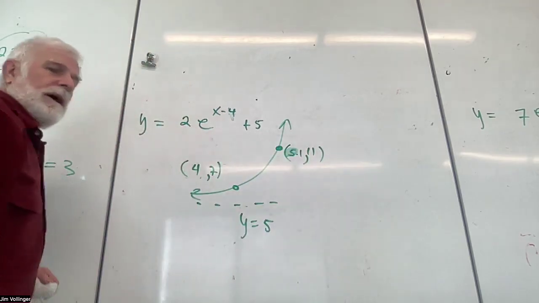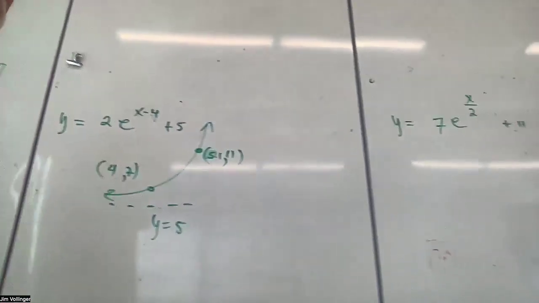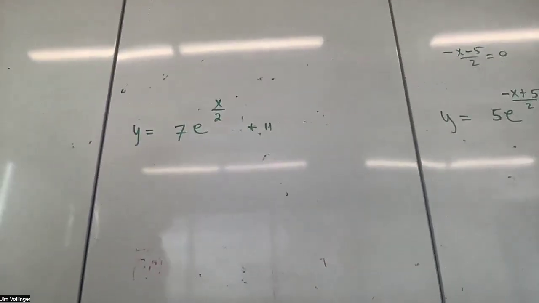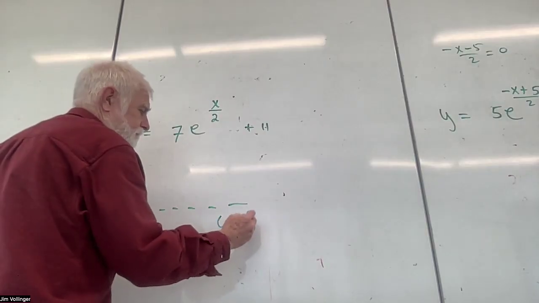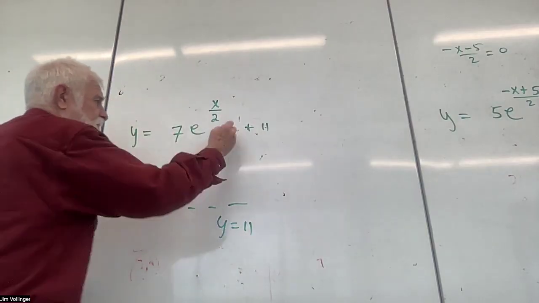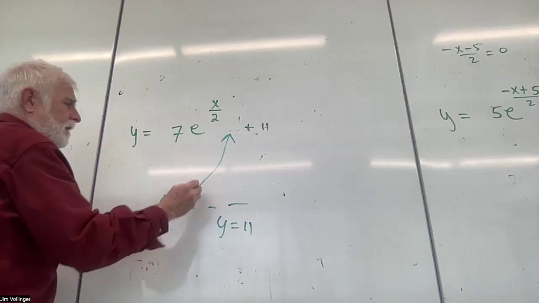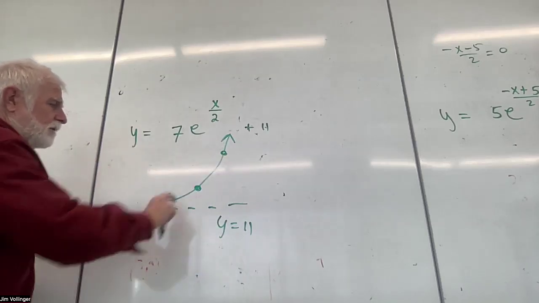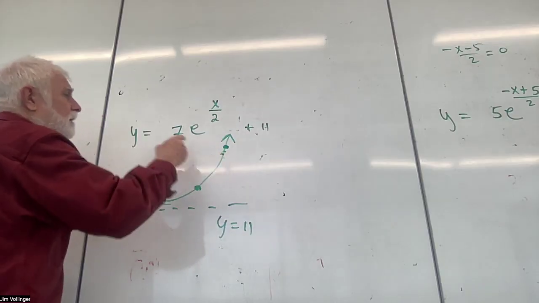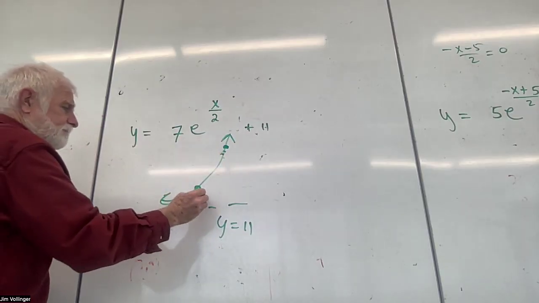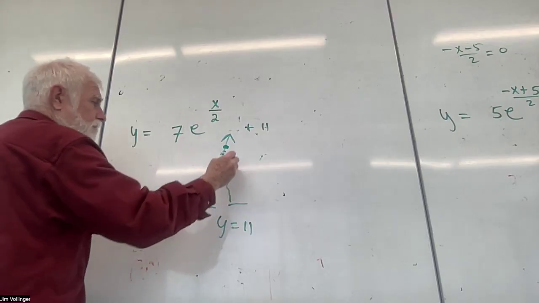So I'm hoping you can do that and learn to do that quickly and easily. What do I do over here? I see an asymptote of 11. I see a positive x, exponential growth. I know I'm going to get a 3-to-1 ratio, so that's maybe 3 times bigger. Maybe it should have been up a little higher. I'm going to jump 7 units, and then I'm going to jump 21.